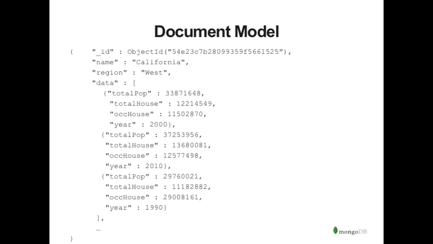I've got the state, I have the region, and I have an array that contains a subdocument for each of the 3 years. You can see that for California, the total population was about 33 million plus in 2000, 37 million in 2010, and 29 million plus in 1990.